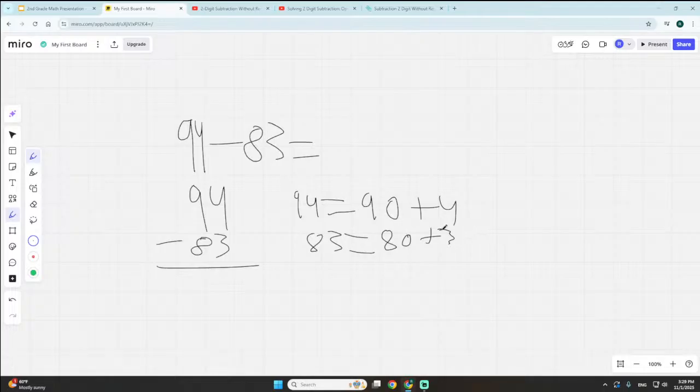So for 94, the ones place is 4. And for 83, the ones place is 3. So 4 minus 3 is 1. And then 9 minus 8 is 1. Which means we get 11 as our answer, because this one is in the tens place, and this one is in the ones place.